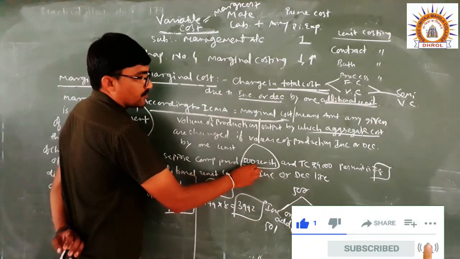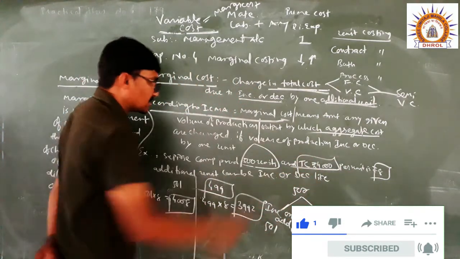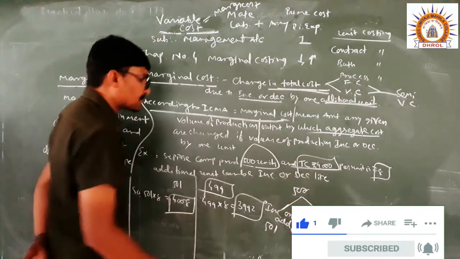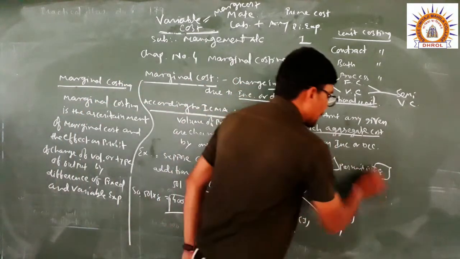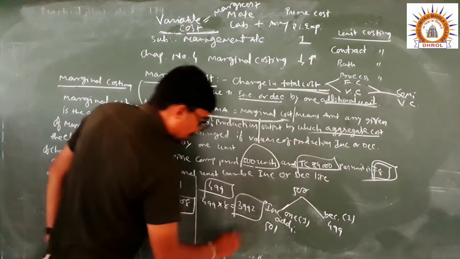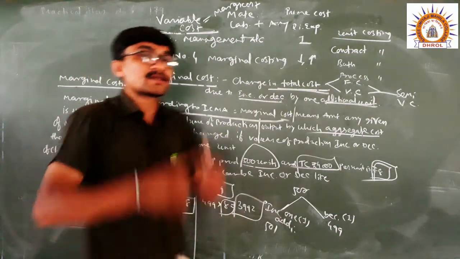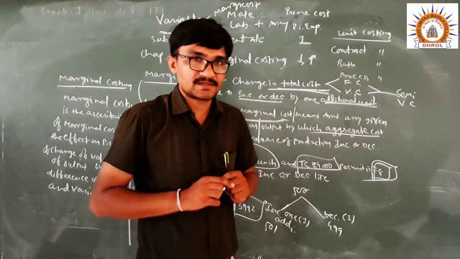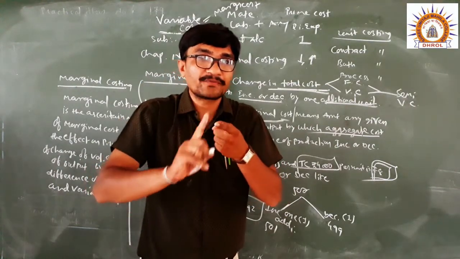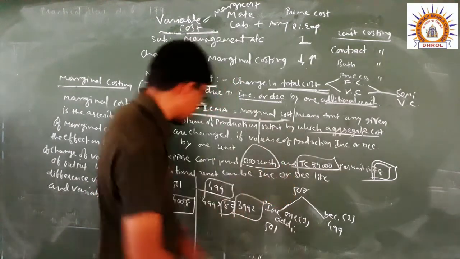If the company produces 500 units, the total cost here is 4000. See, the cost per unit is the same here: 8, 8 and 8. Only the additional unit may increase or decrease, right? Then what effect is there on profit by changing the total cost?